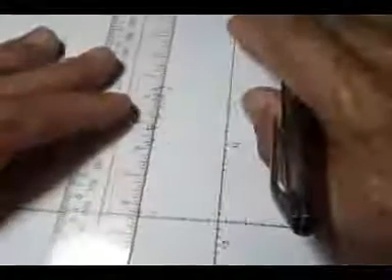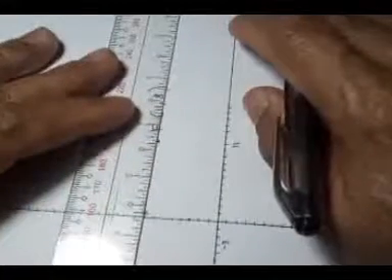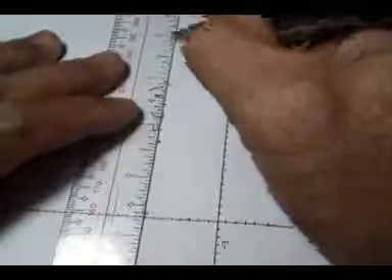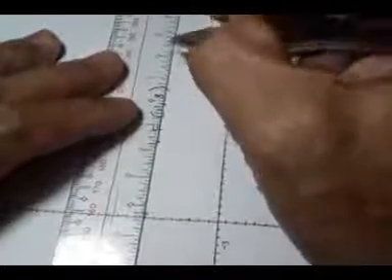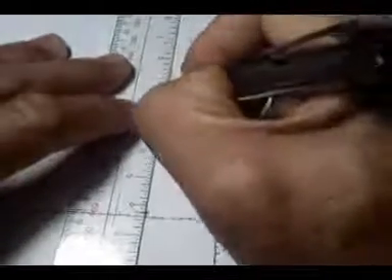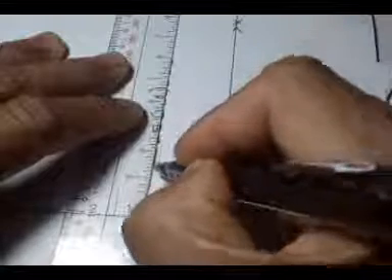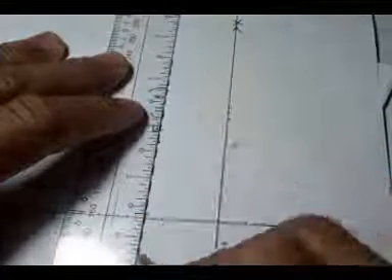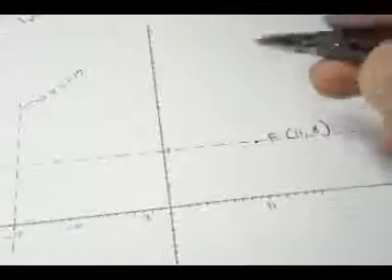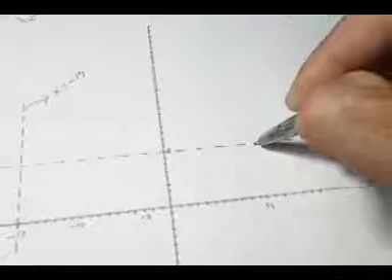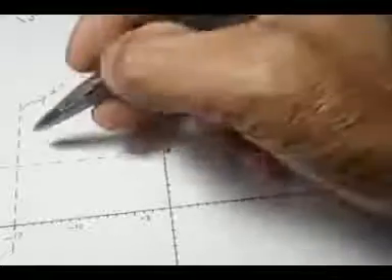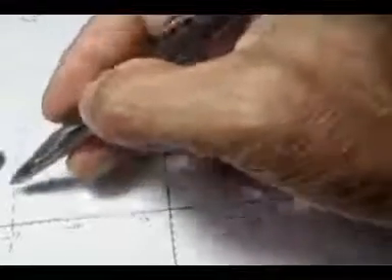Take note that the focus and the vertex lie on the axis of symmetry. So let us construct this axis of symmetry. So this is our focus and this is the directrix.